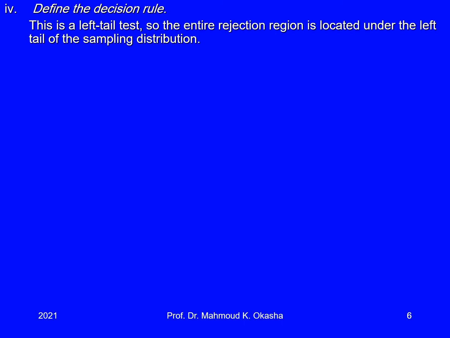So the entire rejection region is located under the left tail of the sampling distribution. The critical value from the standard normal table will be obtained using Z alpha, not half alpha, because it is a one-sided test.